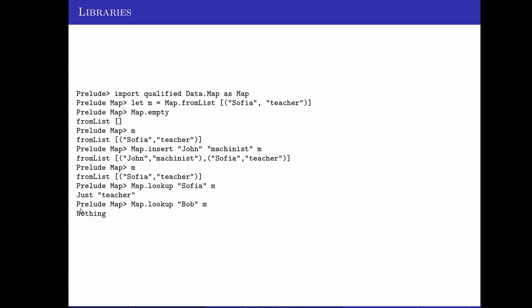You can use Maybe types for any kind of value. They're not specific to maps, but this is a useful case to introduce the idea because with maps, we need something to be done when we do a lookup and we get no result. There's not a null or something like that, and it would be very confusing in Haskell to have a null for every single specific type. So instead what we do is we have this wrapper type of a Maybe, and a Maybe can be Nothing or it can be Just and then a value.